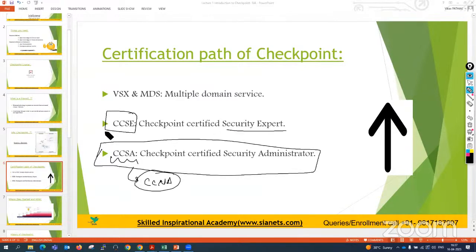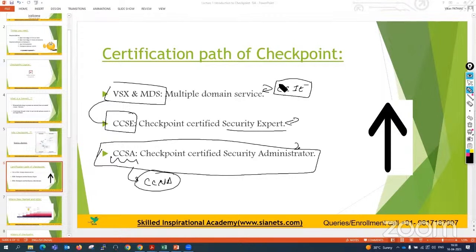After this, if you have spent a lot of time on Checkpoint, you are good with CCSE-level concepts and have good hands-on, you can go for VSX or MDS level certification. This is CCNA, this is CCNP level, and this is CCIE level certification.